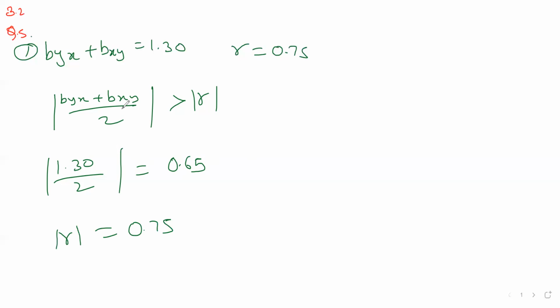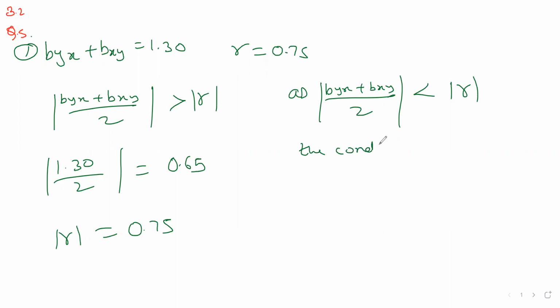The condition is this should be greater than this, but the condition is not satisfied. As modulus of byx plus bxy upon 2 is less than modulus r, the condition is not satisfied and therefore data is inconsistent.